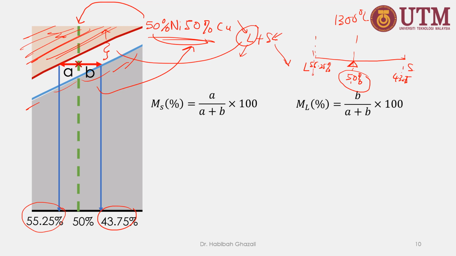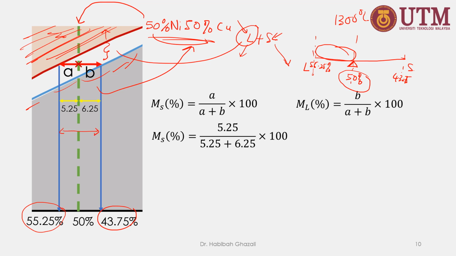To get the mass fraction of solid, we need this distance here. So it's reverse. That distance, A is 5.25 and B here is 6.25. So to get the mass fraction for solid, we divide the 5.25 by the overall length, A plus B, times 100.